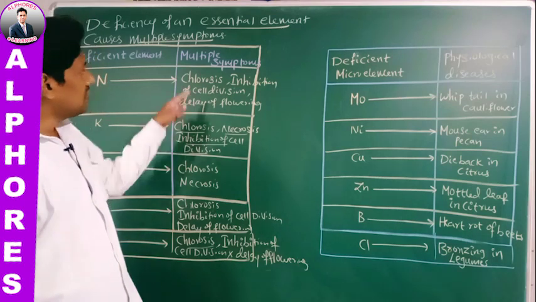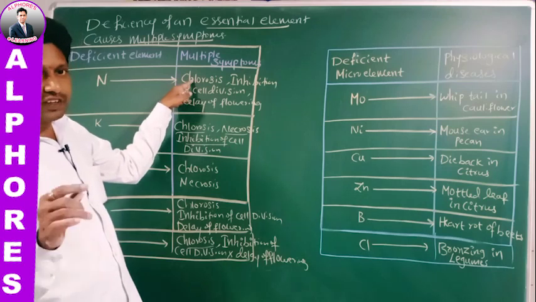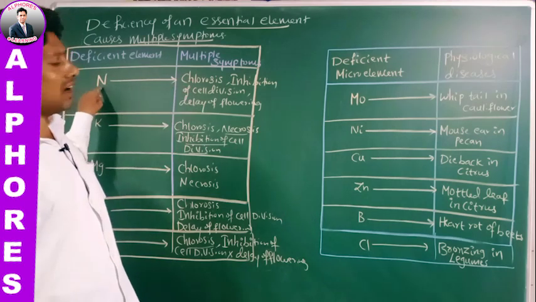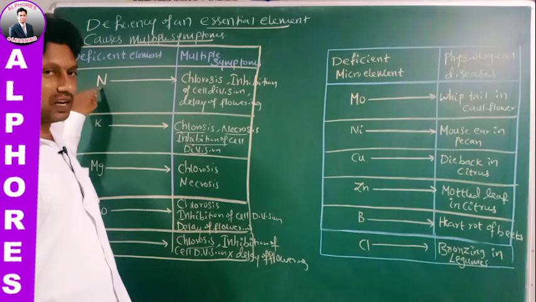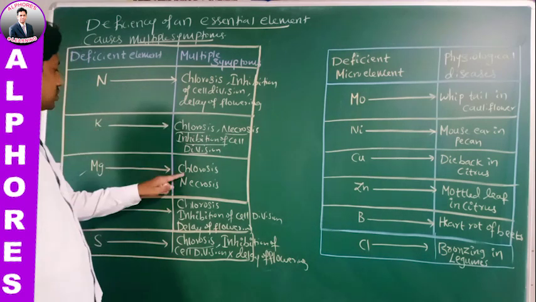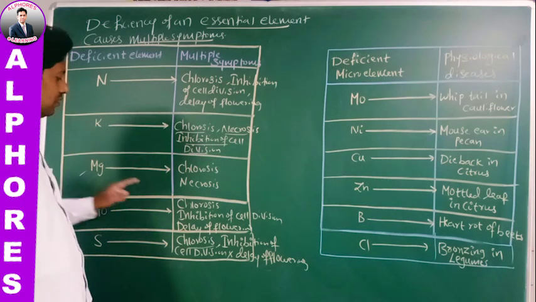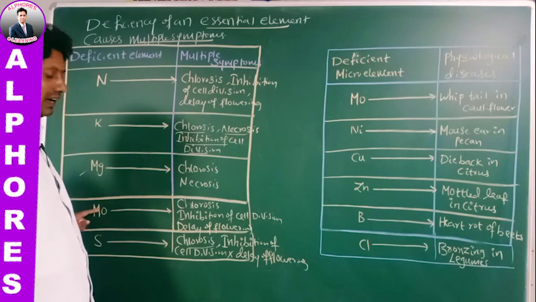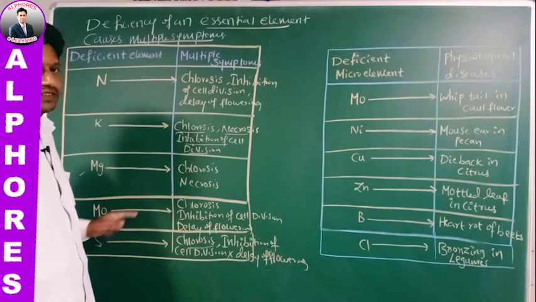Now listen to this statement. Chlorosis is a deficiency symptom. It is not only caused by deficiency of nitrogen, but it is also caused by deficiency of potassium, magnesium, manganese, and sulfur.